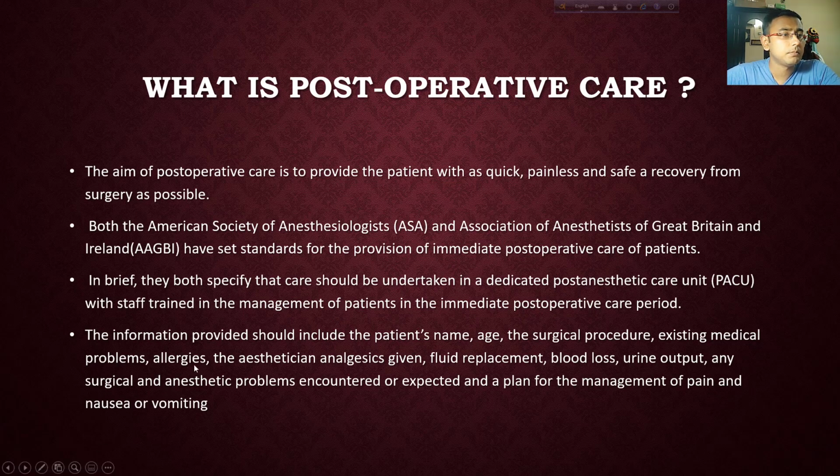Then problems and allergies: is there any drug allergy, are there anesthetic drug problems, how much urine output and surgical blood loss there was. That must be written on the checklist.